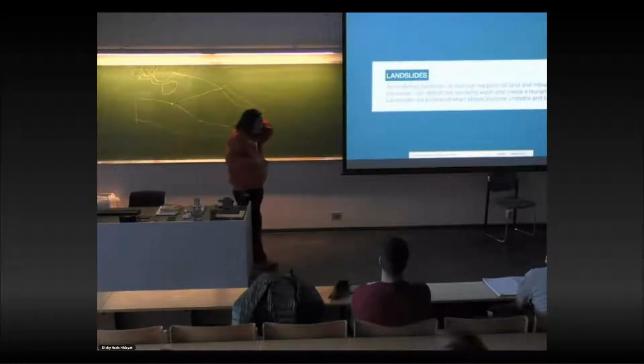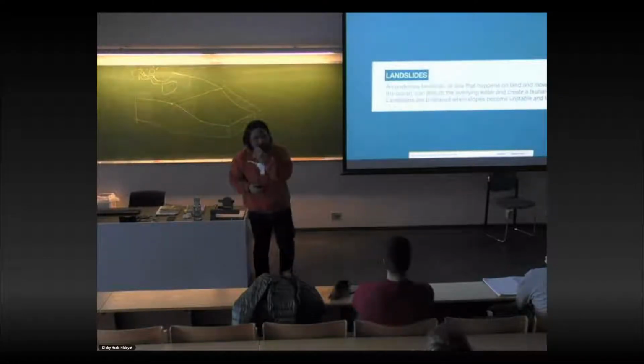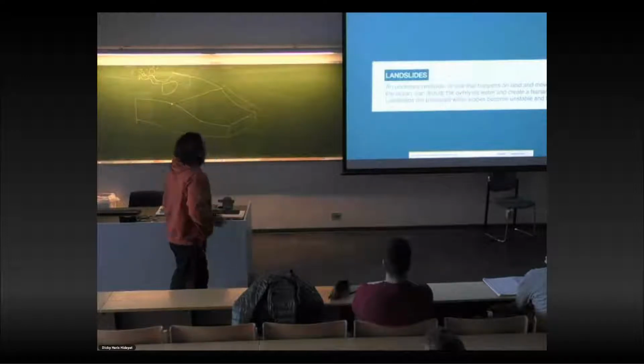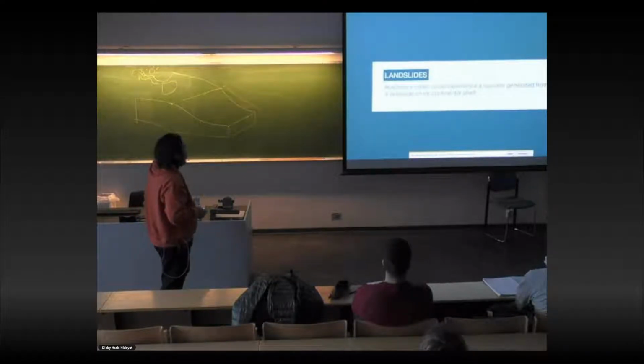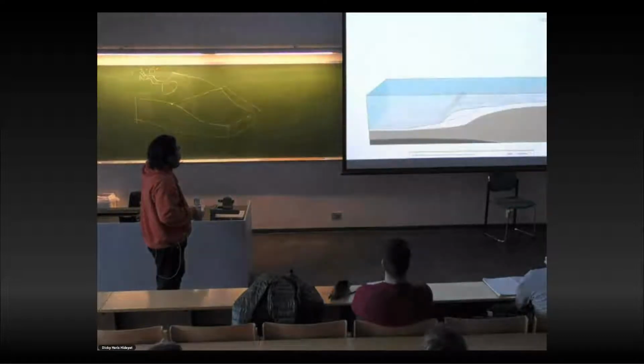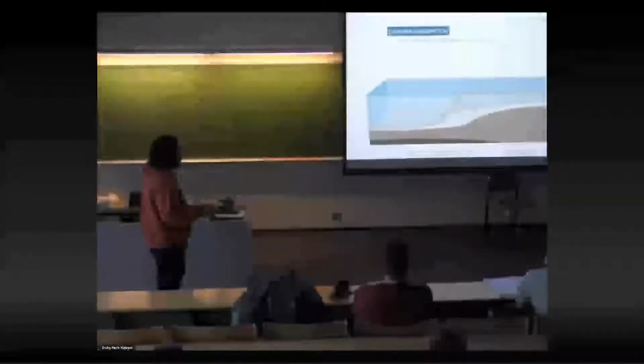This is an example of a mass movement that creates a tsunami. Yeah, it's in the continental shelf. So this is a shelf, and this is the shelf edge. This is the slope, and this is the basin floor.